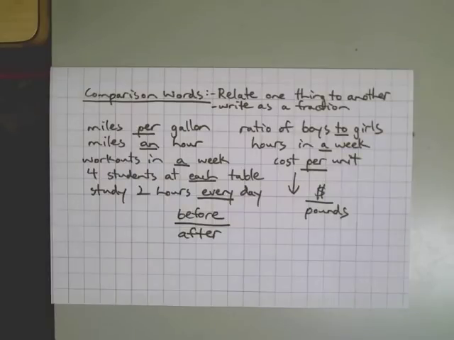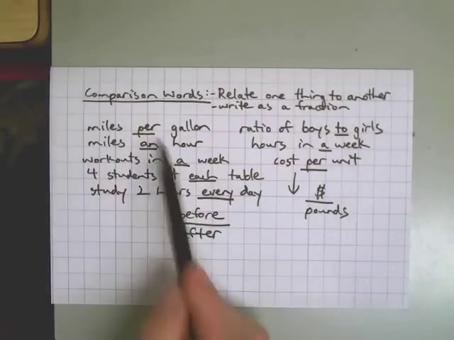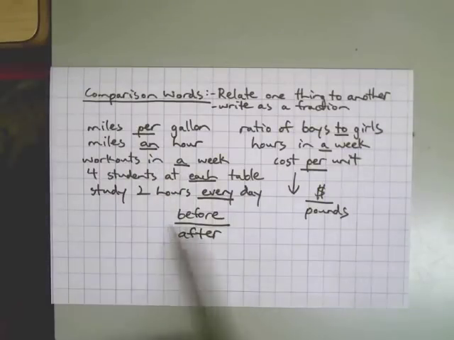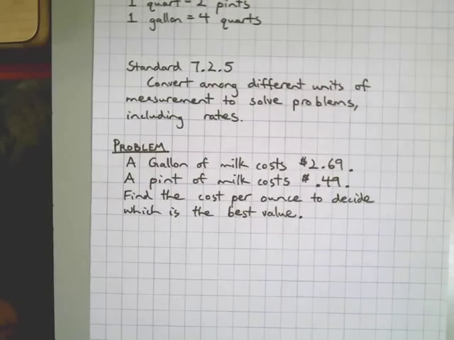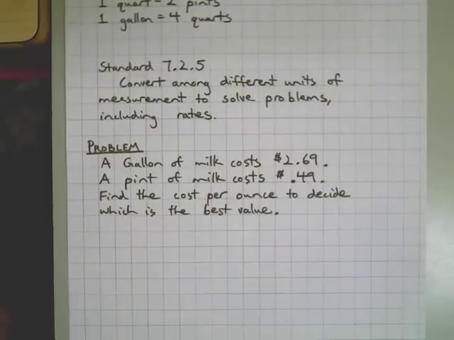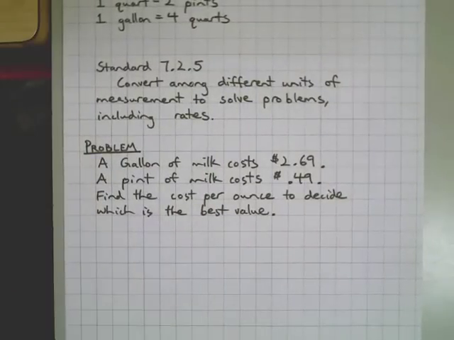They all compare one thing to another. And if you use that word to remind you of the fraction bar, you'll always write these in the correct order. So let's go to a practice problem. I'm going to work through this one with you, and then I'll give you a separate problem to do on your own, and we'll go over the answer.